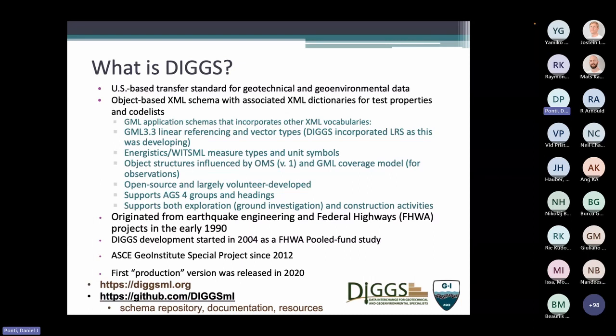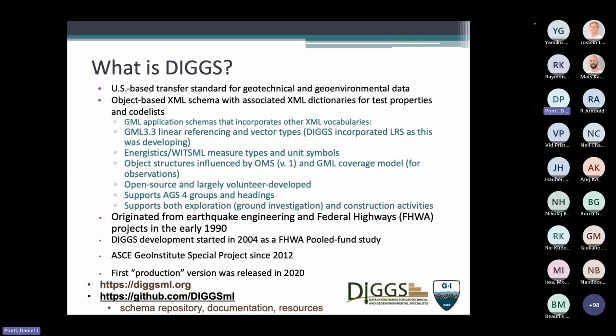So that got revamped in part under the auspices of the American Society of Civil Engineers, their Geo-Institute. We became a special project around 2012, and the Geo-Institute is now the sort of overseer of DIGS, and we do get a little bit of funding from them through their special project program to do some of the development work for the standard.